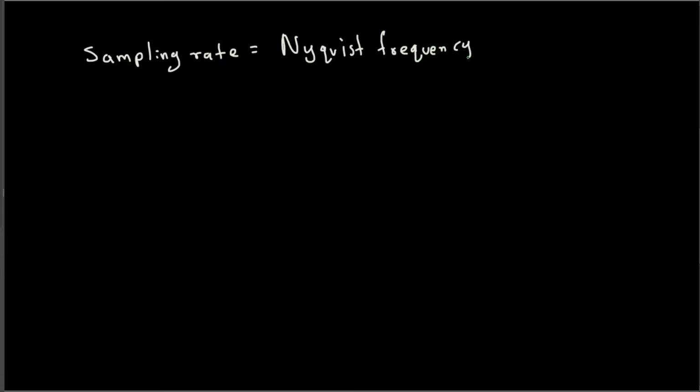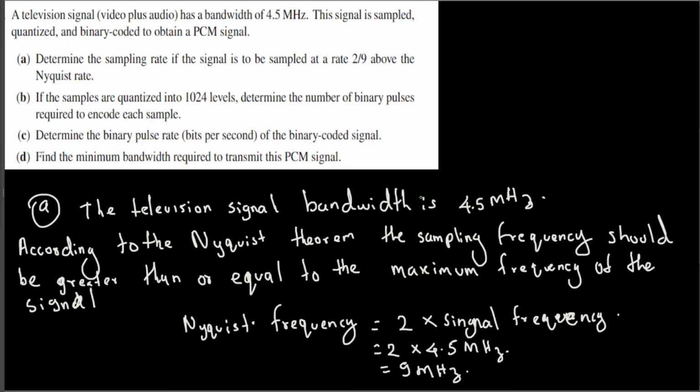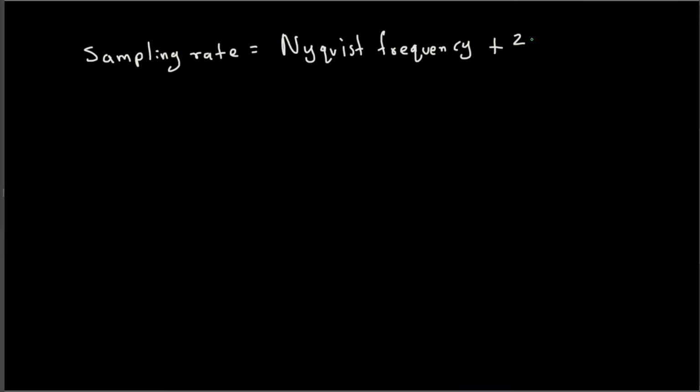To find the sampling rate, we use this equation: sampling rate is equal to the Nyquist frequency plus whatever the rate we are sampling, in this case 2/9, times the Nyquist frequency.